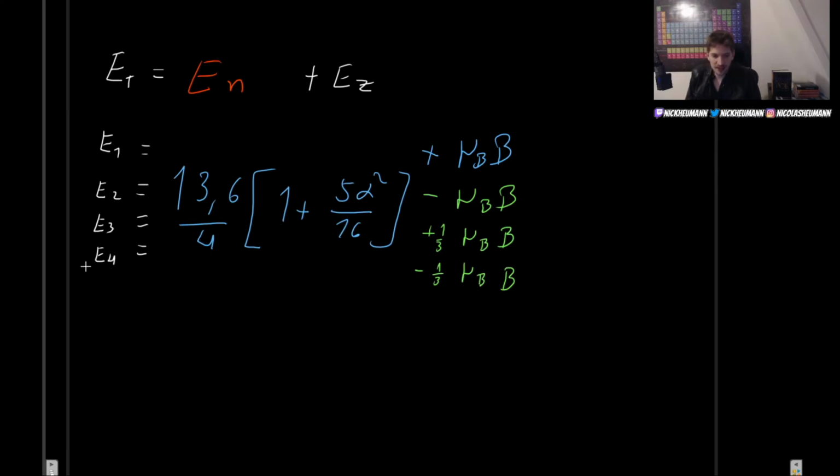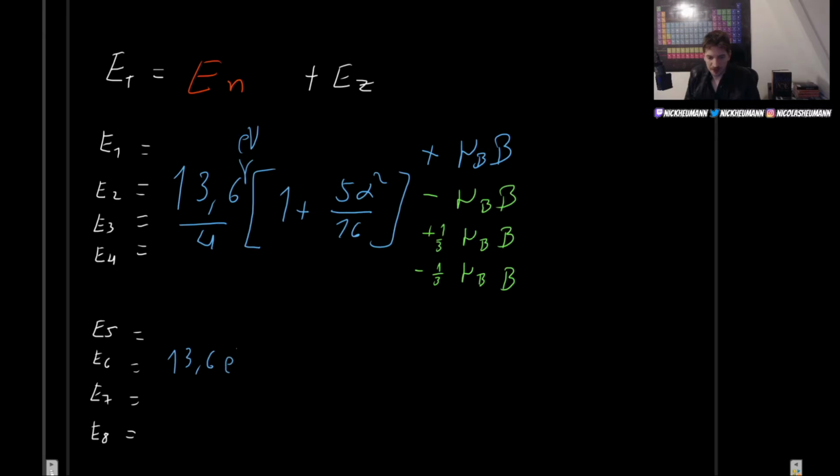So let's do the same, but with the other 4 energies. So now let's do the same for E5, E6, E7, and E8. So in this case, our energy will be 13.6. Oh, this is electron volts, by the way.